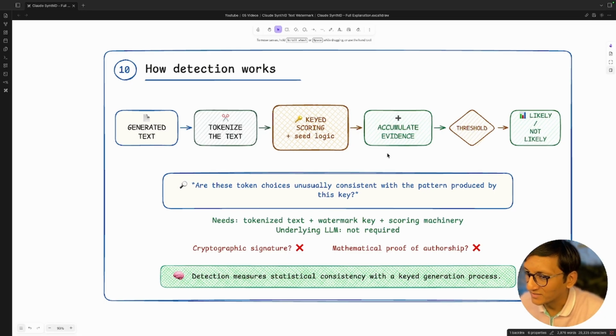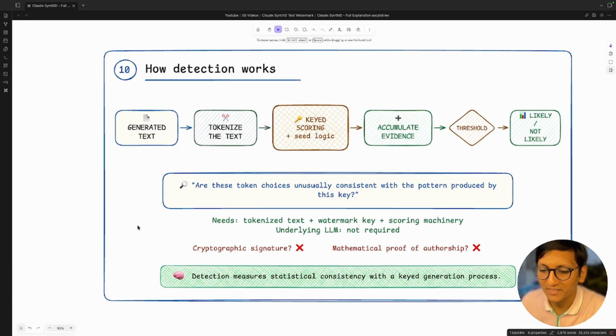The final score is then compared against a threshold, which indicates whether the text is likely to have been written with Claude. So conceptually, what the detector is asking is: are these token choices unusually consistent with the pattern that would be produced by this key or not?